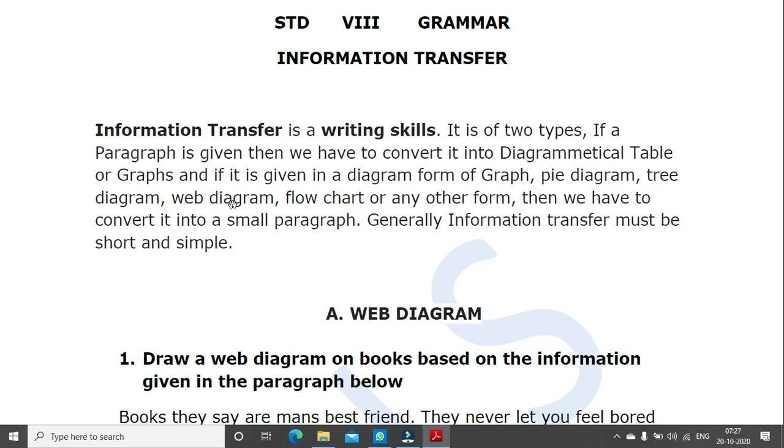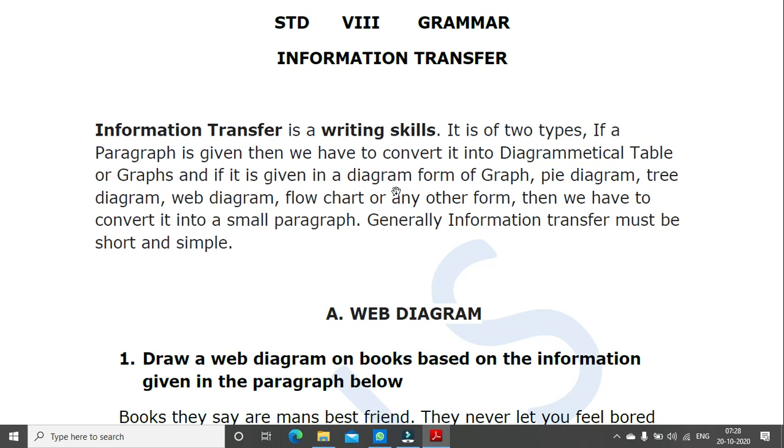You already know web diagram because it is part of your lessons, but I will still do it again, and you will learn flow chart and tree diagram. The rest you will learn next year. I'll be teaching you to make verbal into non-verbal and non-verbal into verbal.